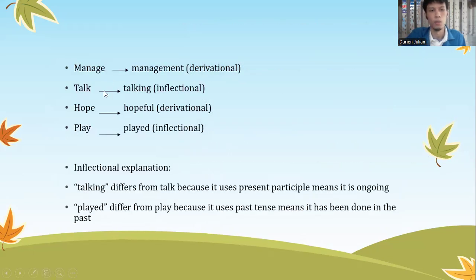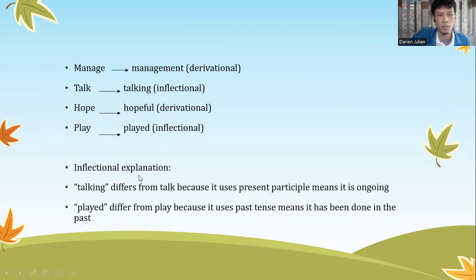So there are four words. Manage becomes management, talk becomes talking, hope becomes hopeful, play becomes played. Management is a derivational morpheme, talking is inflectional, hopeful is derivational, played is inflectional.